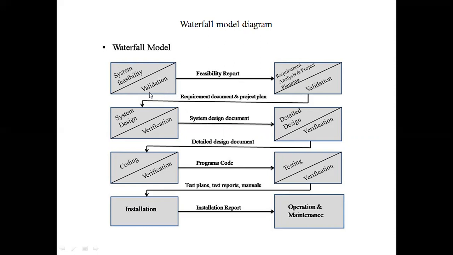Here, each box is one phase of the waterfall, and as you can see, each phase of the waterfall is divided into two parts. Let us systematically study the diagram first.